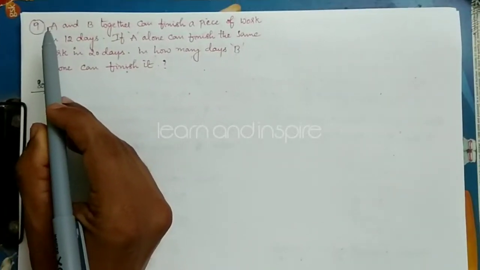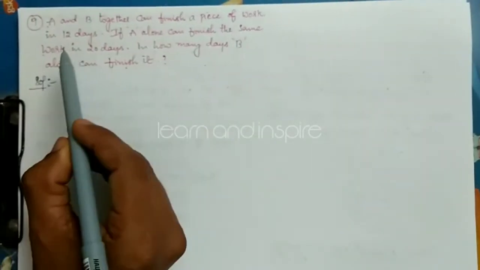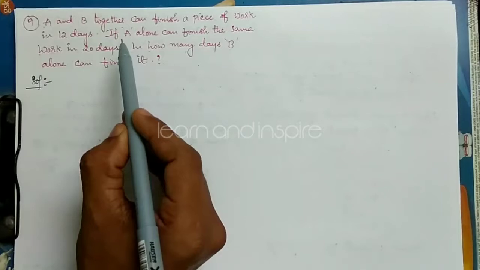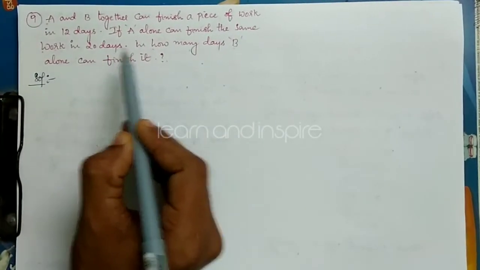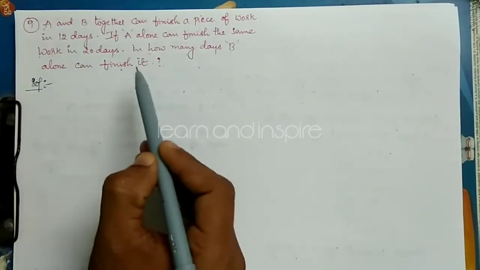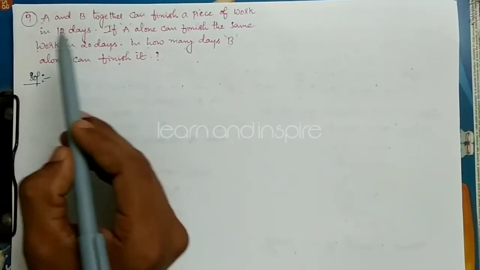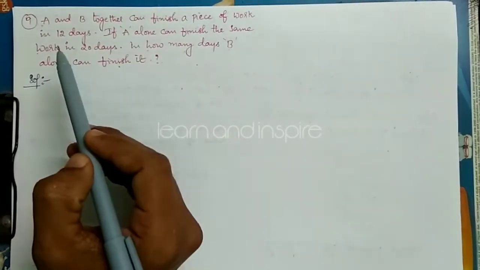Next, question number 9. A and B together can finish a piece of work in 12 days. If A alone can finish the same work in 20 days, in how many days can B alone finish it? Okay, so look at this statement: A and B together can finish a piece of work in 12 days.